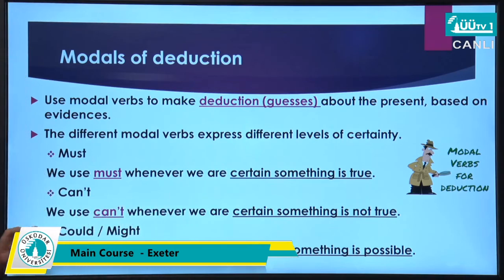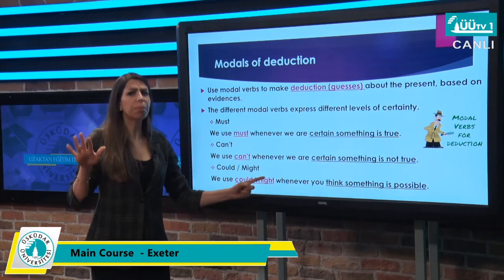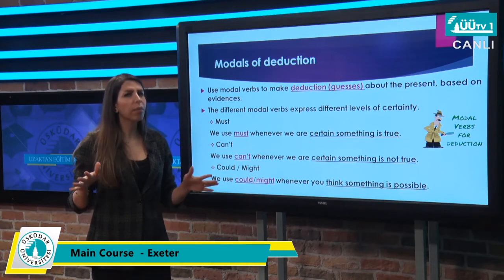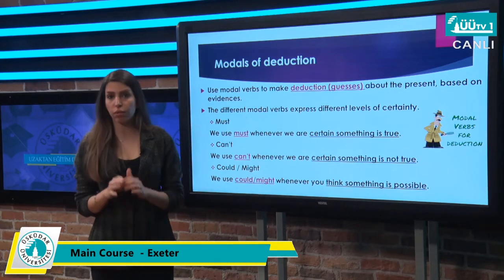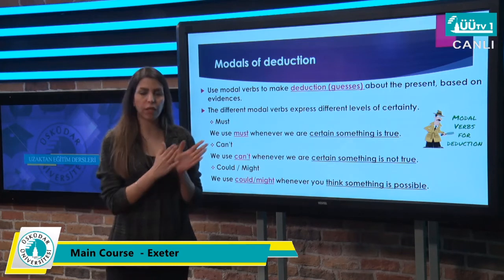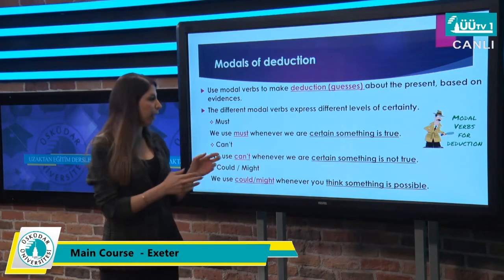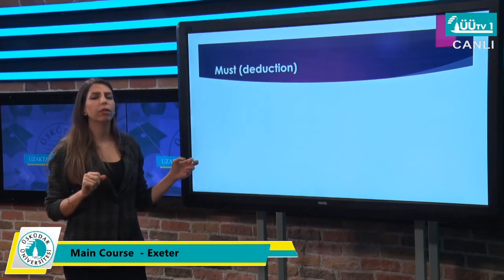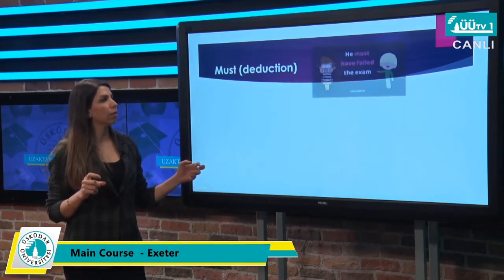So whenever you are sure that something is true, use must. Whenever you are certain that something is not true, you should use can't. And whenever you think that something is possible, you are talking about possibility, you can use might or could. I will give you hundreds of examples here. Don't worry about it. First of all, must.